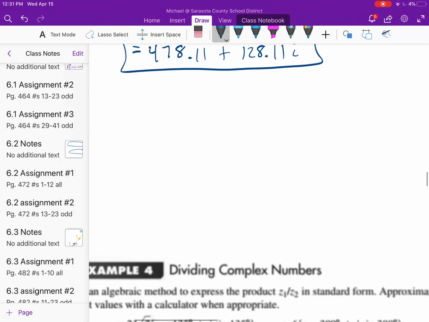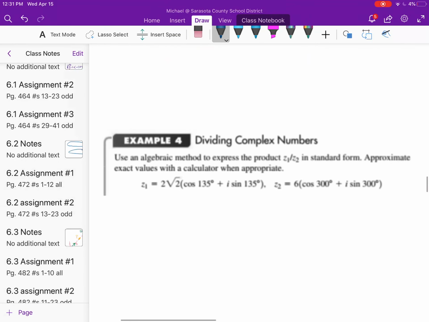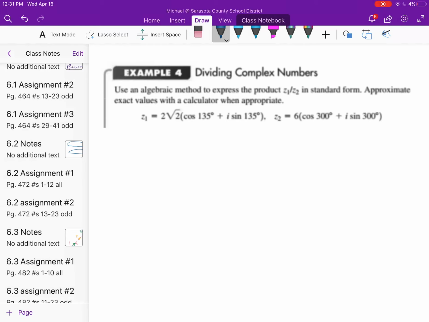Let's take a look at a division problem. We want to do the same concept, except this time we want to divide and leave it in standard form. So z1 over z2 will end up being 2 root 2 divided by 6. And this time we are just going to subtract.